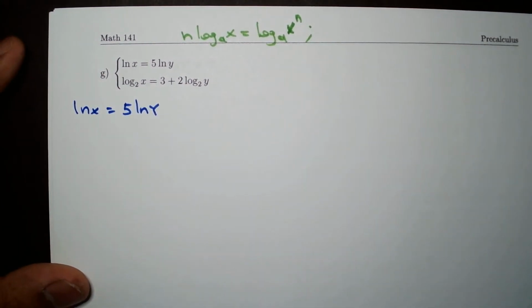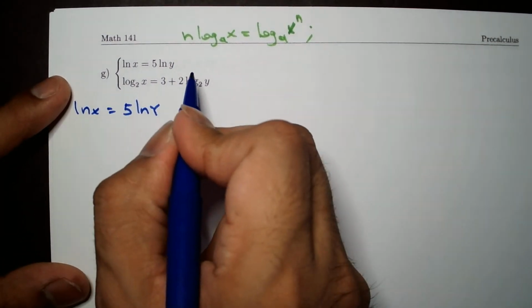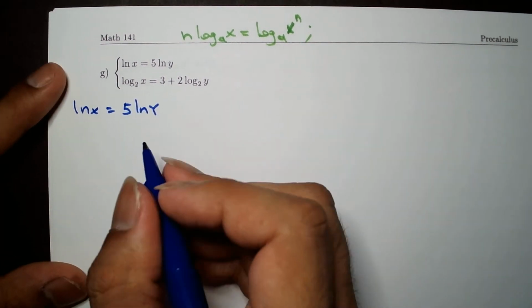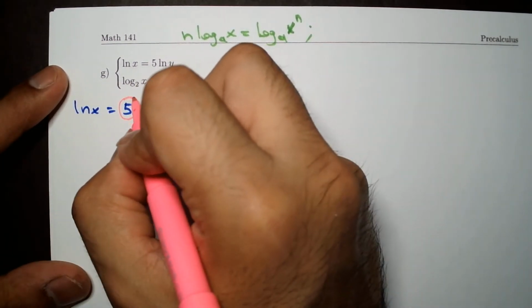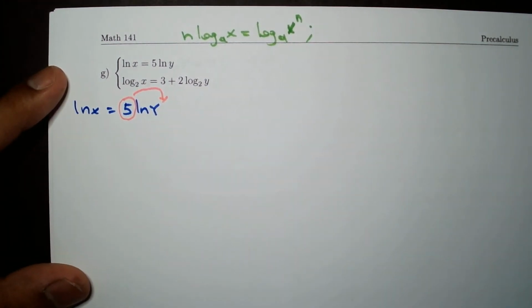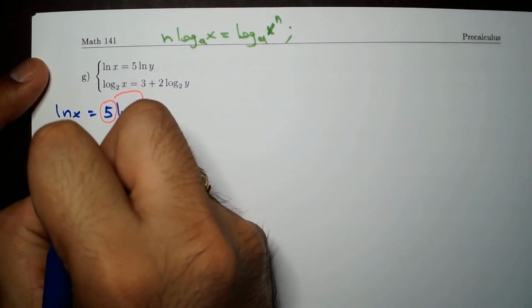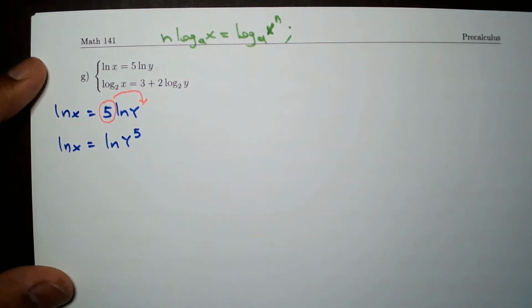And I'm going to try to use different properties of logarithms to make these equations look a lot simpler than they were given. So number one, I'm going to use the basketball rule to make this coefficient be a power of the argument. So in this case, ln x equals ln of y to the 5th power.